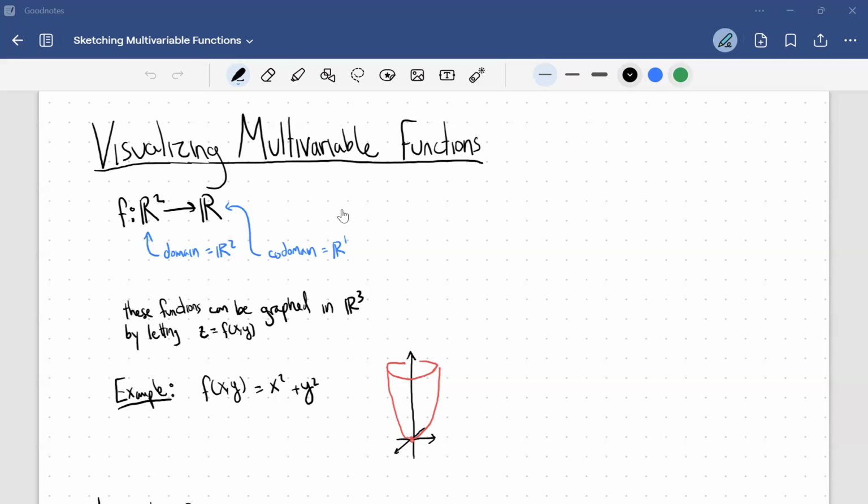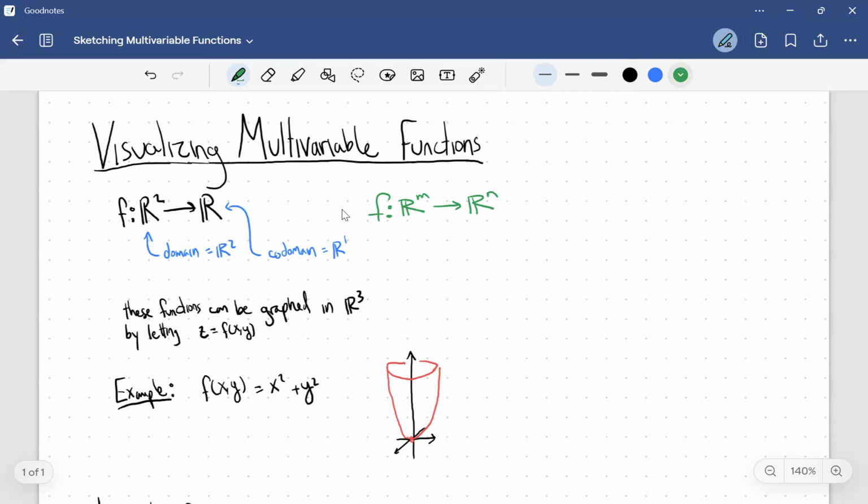And just as a reminder, in general, multivariable functions are just functions whose input domain and whose output codomain can be larger sets than just R1. So M and N can represent any positive integer dimension.